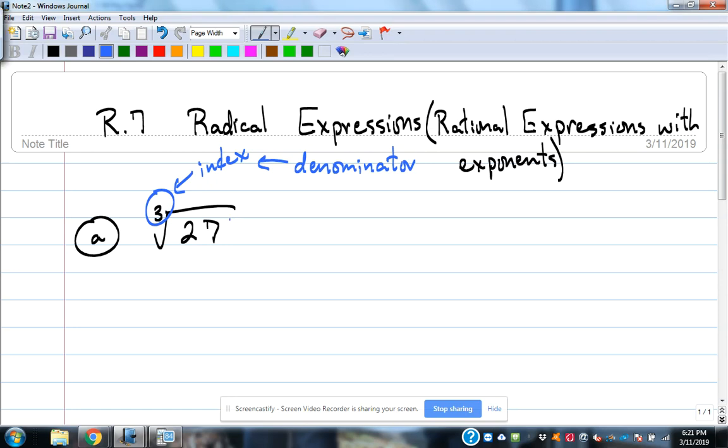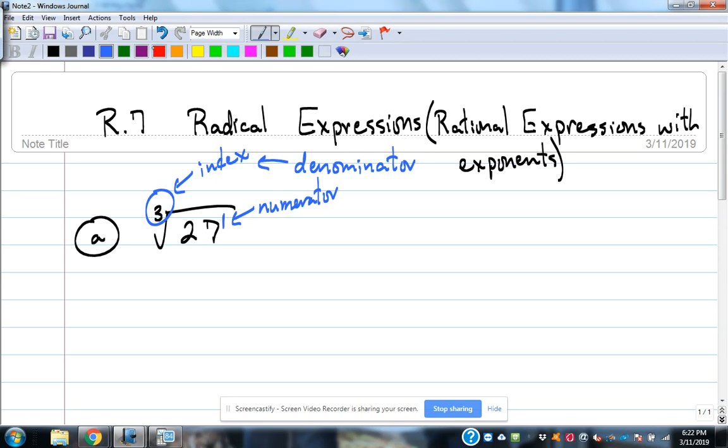If there is an exponent in here, like this one, 27 has a first power, right? That exponent that's on the inside is your numerator. So the index on the outside, whatever root you're dealing with, is the denominator of your rational exponent. The power on the inside is going to be the numerator. So denominator on the outside, numerator on the inside.